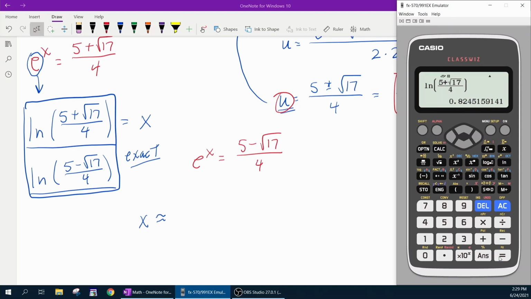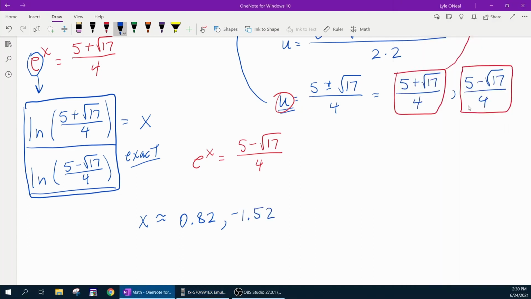So x is approximately 0.82 rounded to the nearest hundredth. And if I simply go back, and delete the plus and insert a minus, I can get the other approximate value, negative 1.52. So these should be the correct answers for the original exponential equation, rounded to the nearest hundredth.